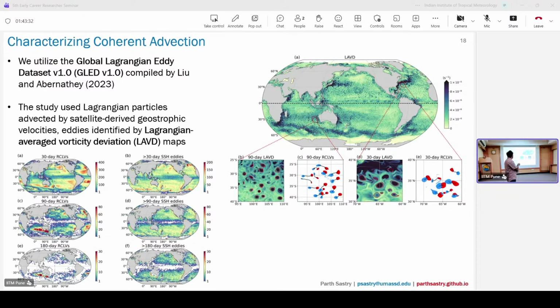But essentially, you can draw closed contours around some threshold that you set. And if you set a different threshold, you're going to observe different levels of coherency. In one of the slides where I was talking about coherent advection for the first time, I had this map of yellow particles versus red particles versus blue particles, and that refers to different threshold values for your LAVD.